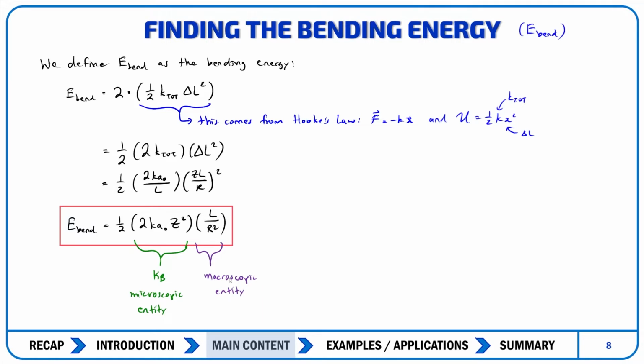But with the K and the A naught and the Z squared, those are smaller quantities that are much harder to measure. So just as an aside, our kappa B has another name. Kappa B is also called the bending modulus, and is defined by microscopic quantities.